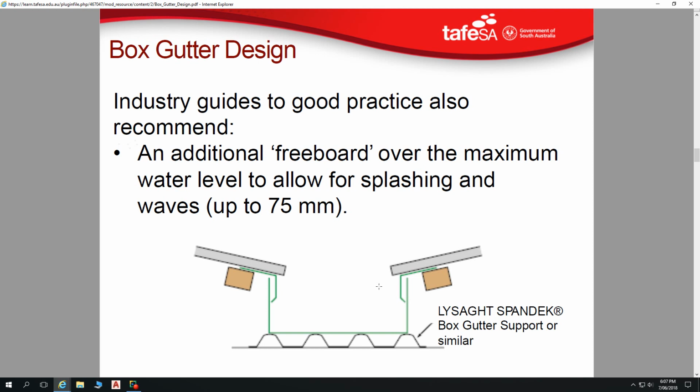So if we had our 150 millimetre box gutter, had to add another 100 millimetres for fall from one edge to the other, and then another 75 millimetres to that, what are we up to? There we're up to 325 millimetres already. So stand up from our rafters, that's a lot of distance for such a short box gutter. So I dare say that not many people are doing that.